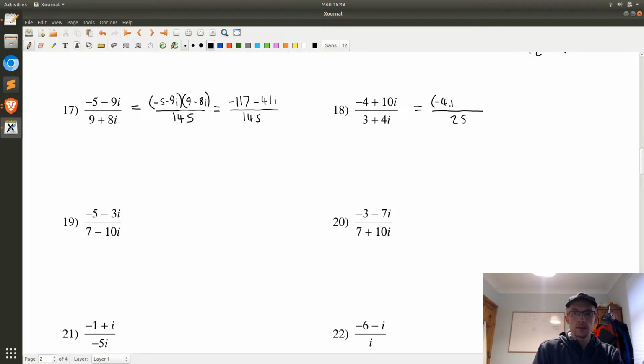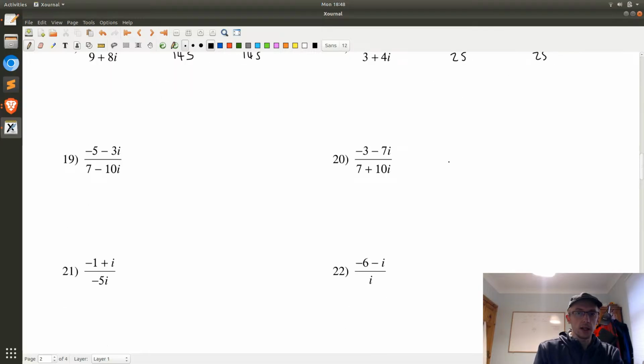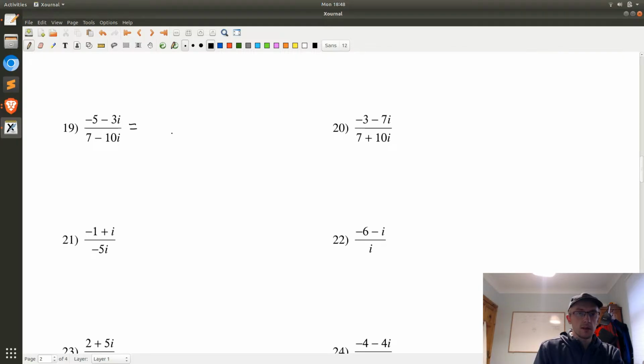Numerator, okay, I believe that's fine. Next, denominator, numerator.